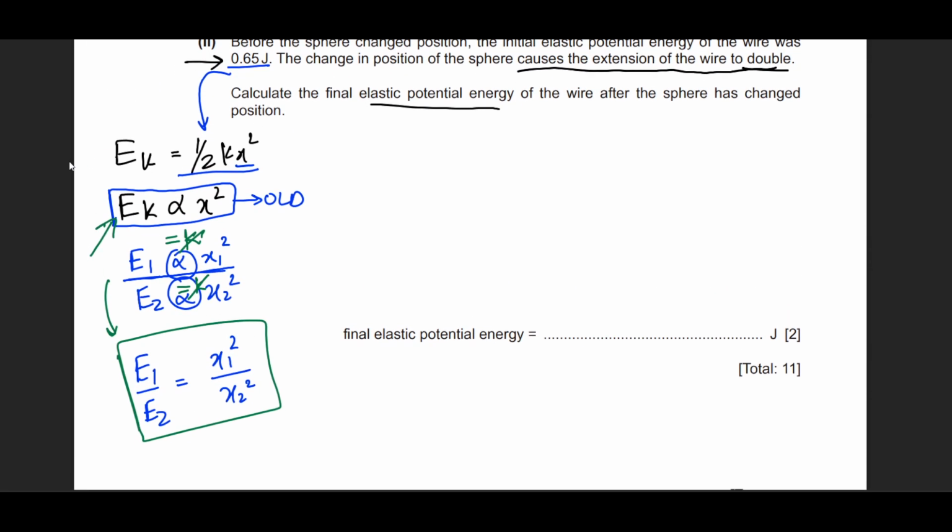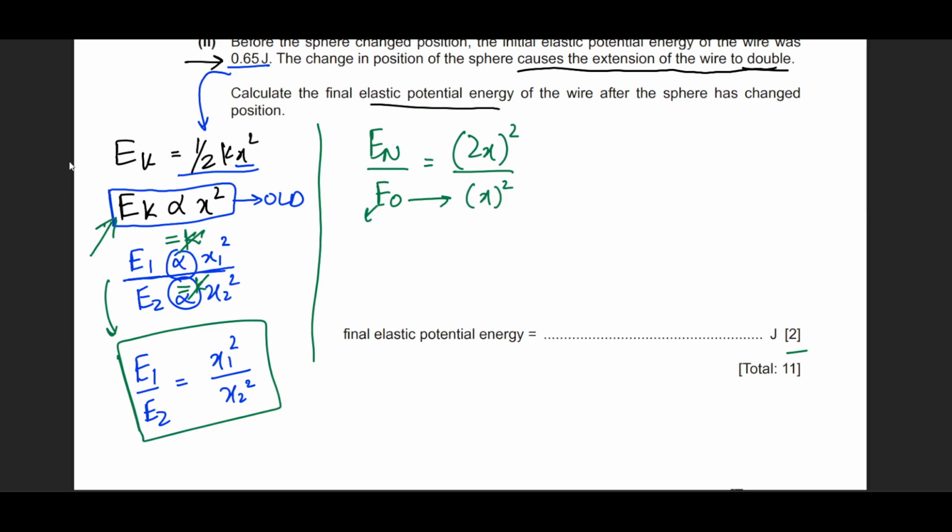But anyways, let's use this trick to solve this question quickly, because this is only for 2 marks. No need to waste a lot of time on this. Let's say the new energy is En and the old energy is E naught. The new energy is what we don't know, but we do know that the extension has been doubled. So (2x) whole squared divided by the original extension x whole squared.